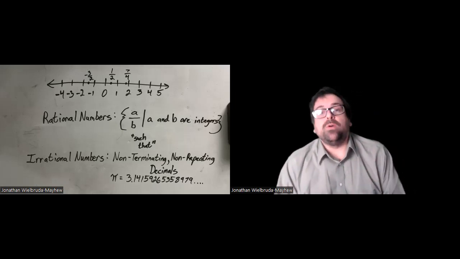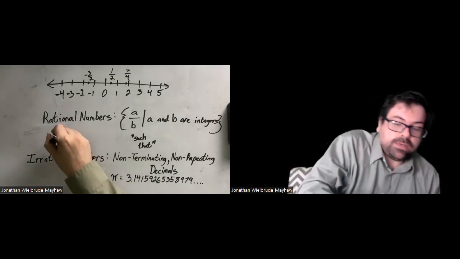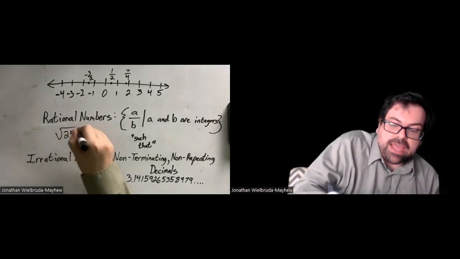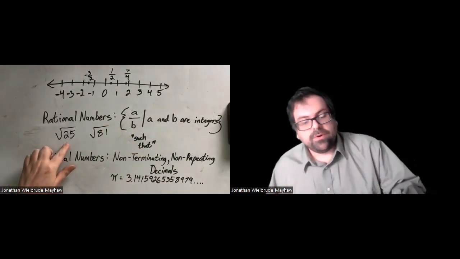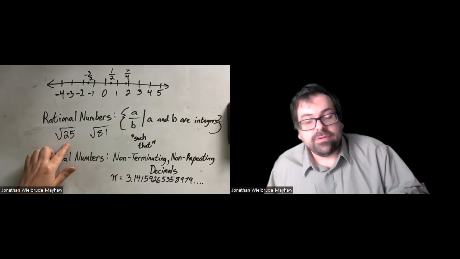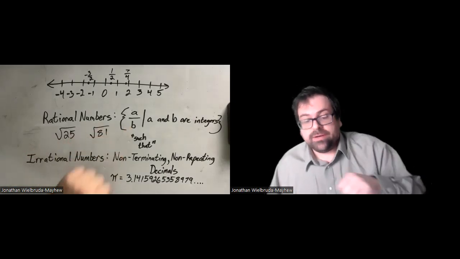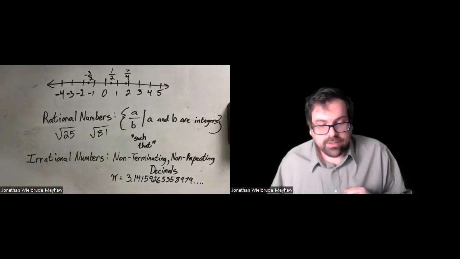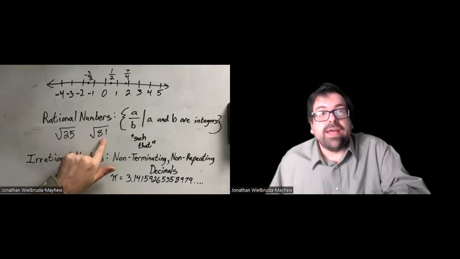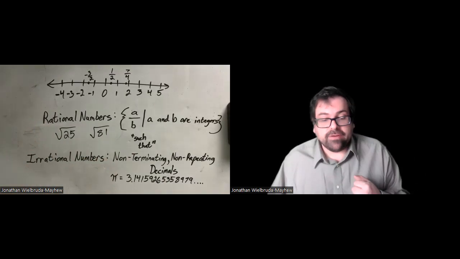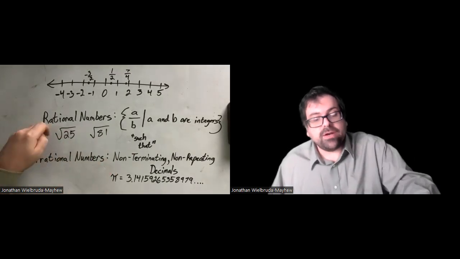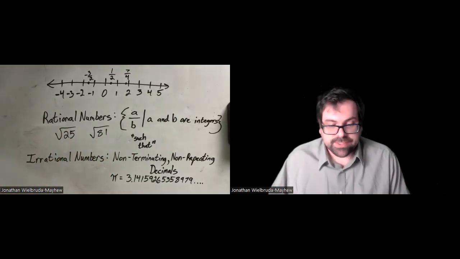If we take the square root of a perfect square, like 25 or 81, the square root of 25 is 5. 5 can be written 5 over 1 as a fraction. Square root of 81, that's 9. 9 can be written 9 over 1 like a fraction. Square roots of perfect squares are rational numbers.